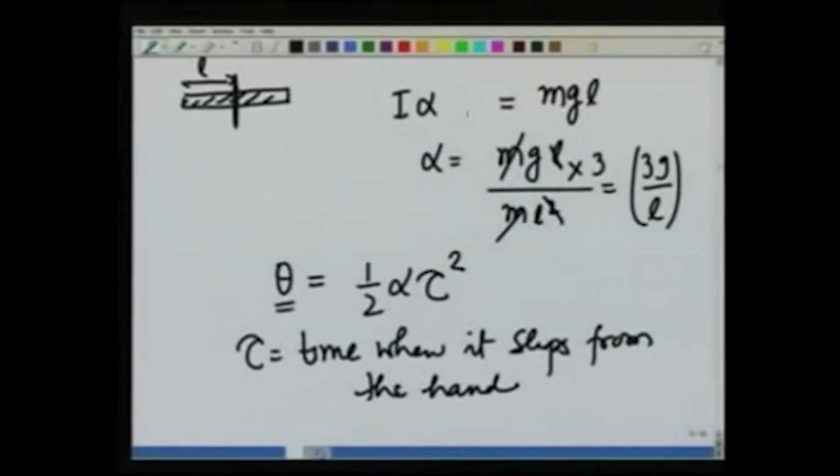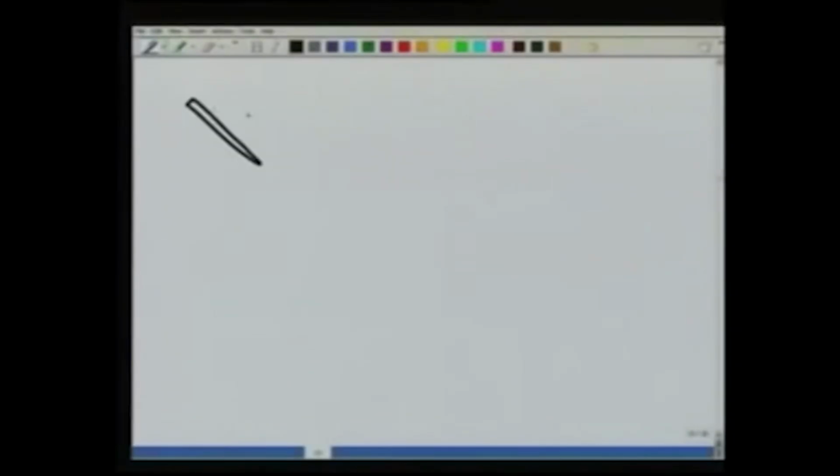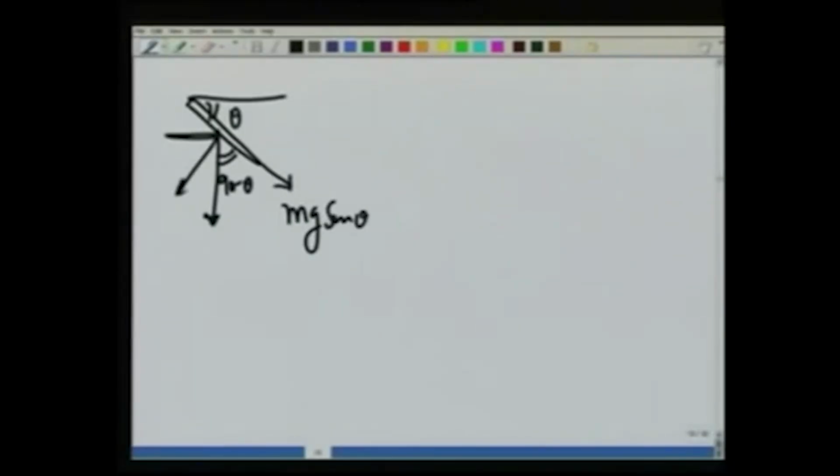We know from mechanics that if a body is at an angle such that this is theta, this is mg, theta 90, this is 90 minus theta, this force would be mg sin theta, this force component would be mg cosine theta.